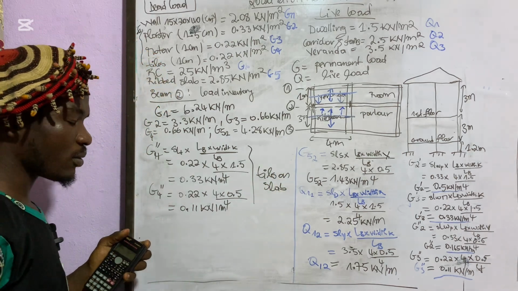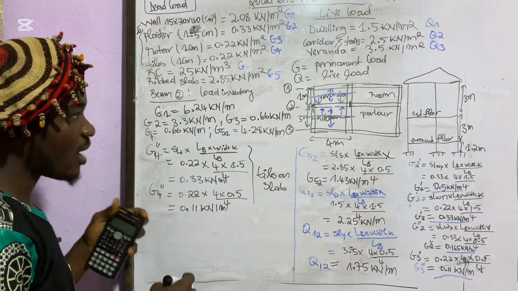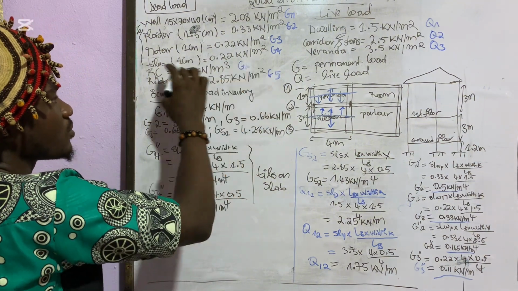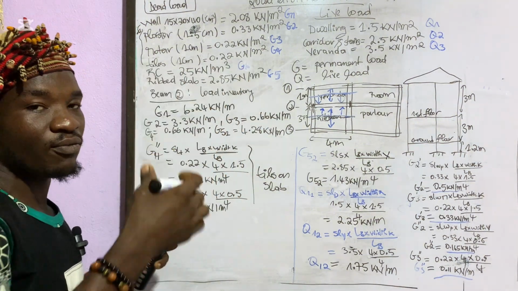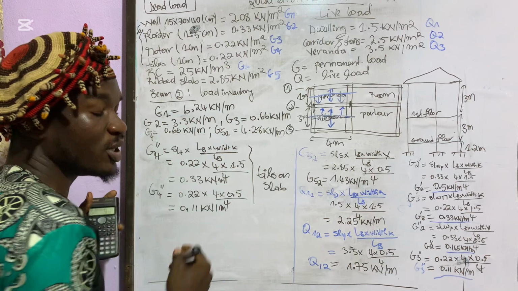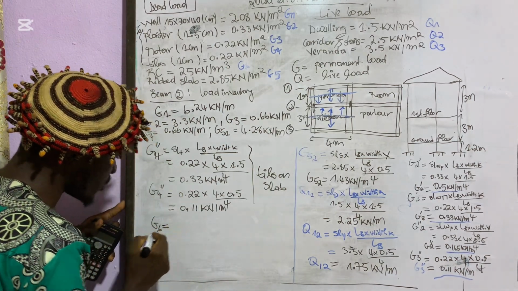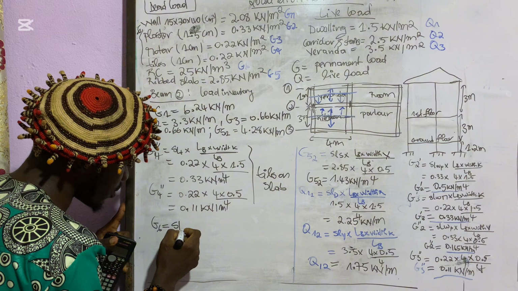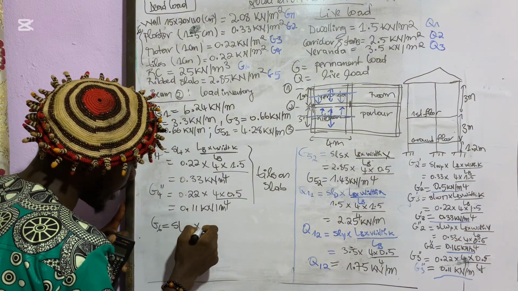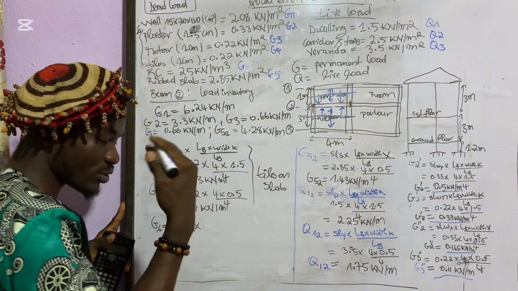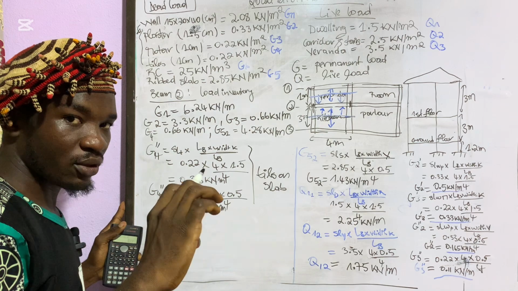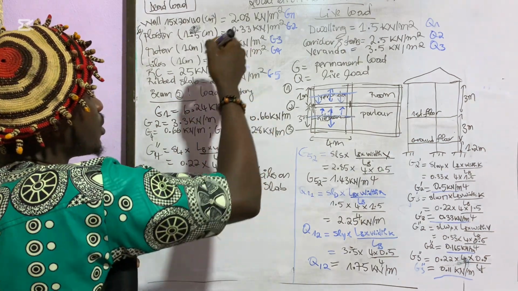Now we have what again? We have now the G6, which is the self weight of the reinforced concrete. We'll find the self weight of this beam. G6 will be equal to the self weight of reinforced concrete times the cross section of our beam. I did not put the cross section.